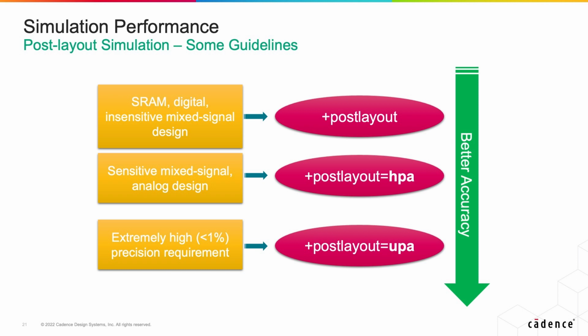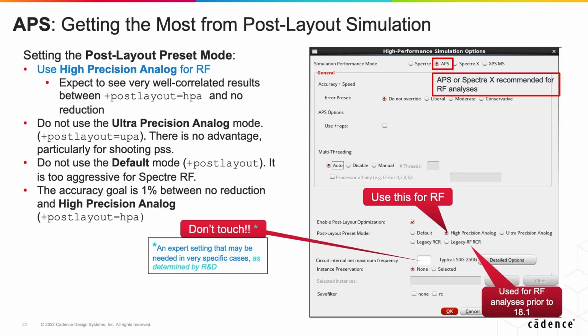You have chosen the high performance simulator, you have chosen APS, the red square over there, and then you said do not override here because in the form you are choosing conservative, moderate, or liberal. So in the main form you are not doing anything. Multi-threading, whatever, but down here is enable post layout optimization.